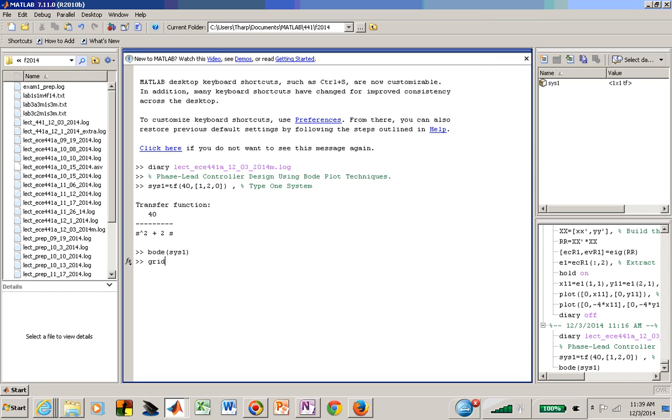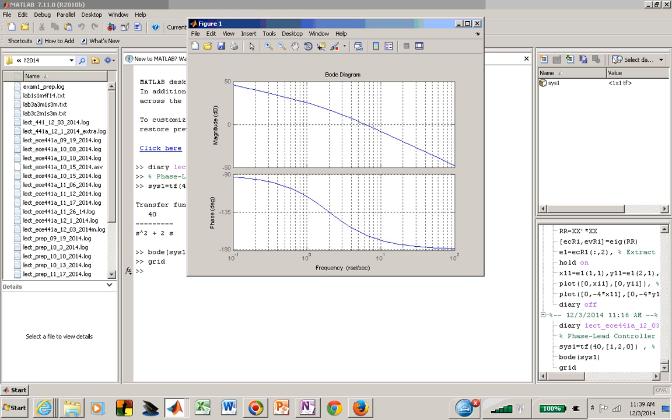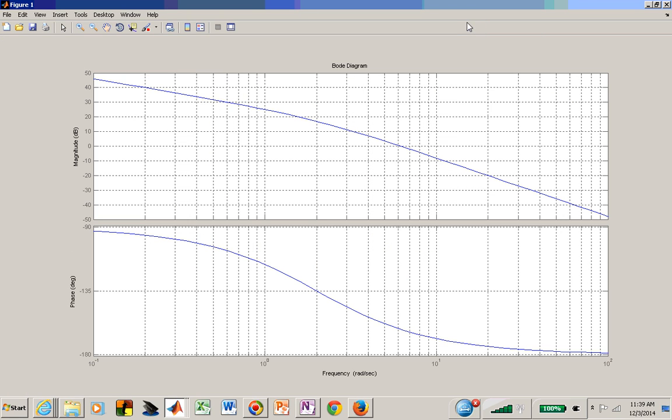And it's sometimes easier to put a grid on that Bode plot. Let's look at that a little bit on a larger scale. Now we should be able to find that it's crossing 0 dB at 2, 3, 4, 5, 6, a little bit maybe beyond 6 radians per second.